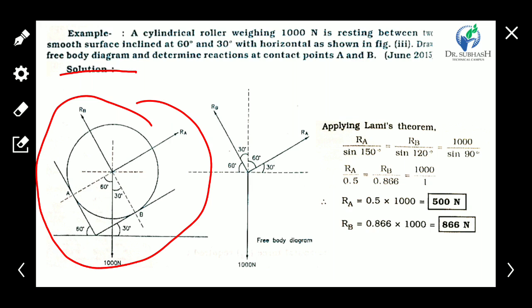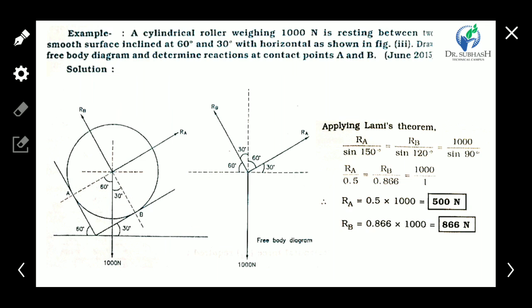Draw the free body diagram and determine the reactions at contact points A and B. The angles may not be given, and we have to find them out. Now the number of forces applied onto the cylinder is 3, the first one being the weight of the cylinder, perfectly vertical downward, 1000.